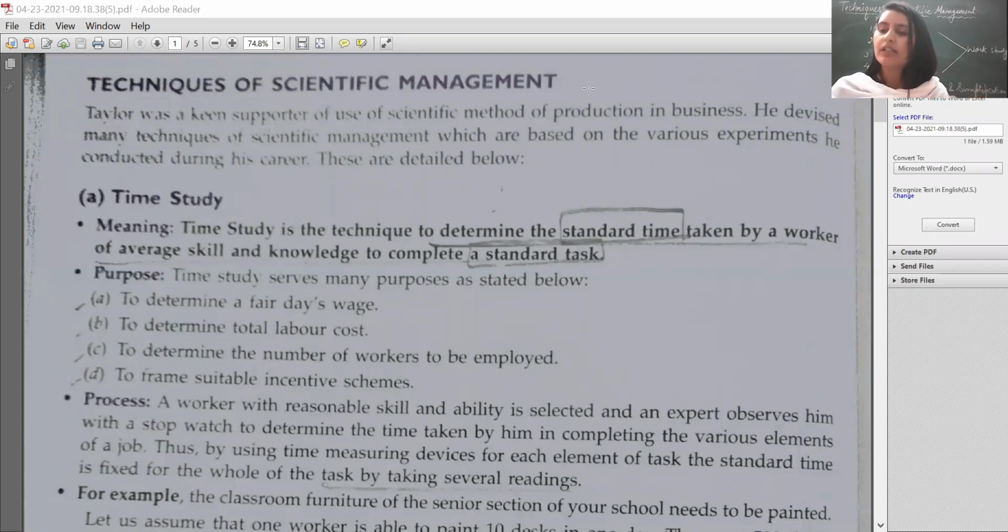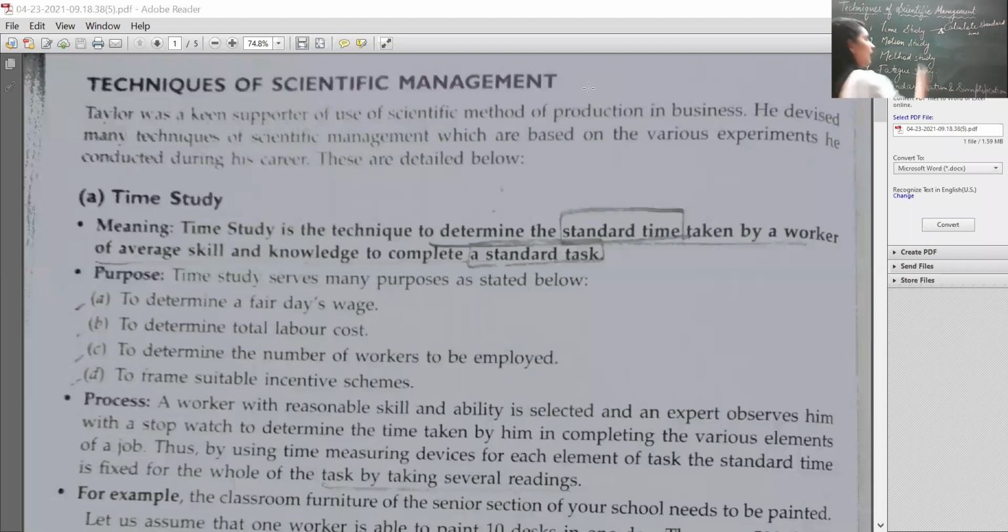What are the keywords for time study? Okay. The keywords are: Number 1, to calculate standard time. When it is written that to calculate standard time, we can calculate it with the help of time study.